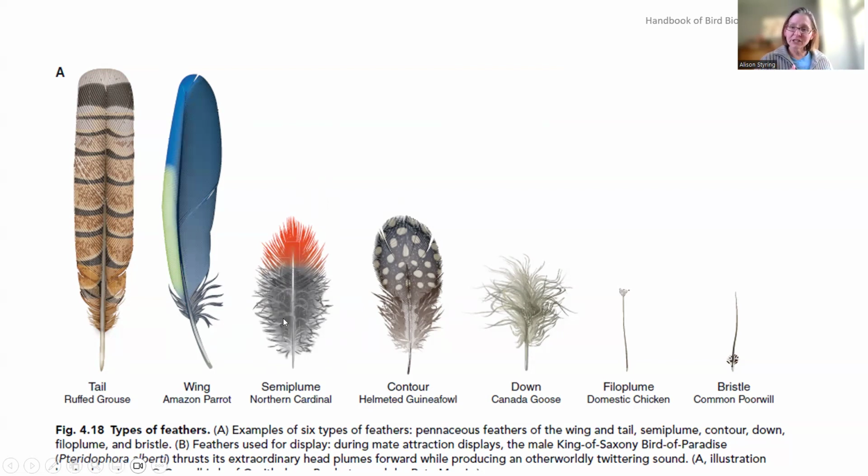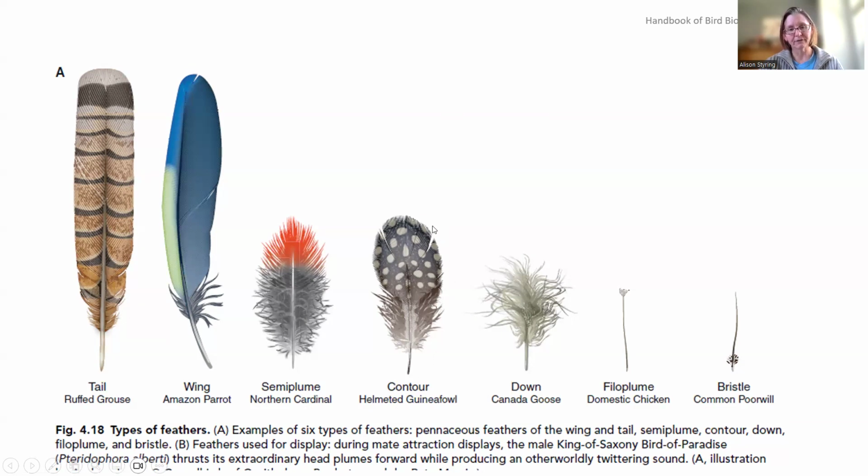Plumulaceous feathers have the barb and barbules, but the barbules aren't specialized to have that hooked and curved interlocking structure. So the feathers don't interlock, and instead you have this floofy feathery structure. And down feathers are particularly good at insulation. So this is a semiplume. It's got a bit of pennaceous interlocking structure and a bit of plumulaceous.